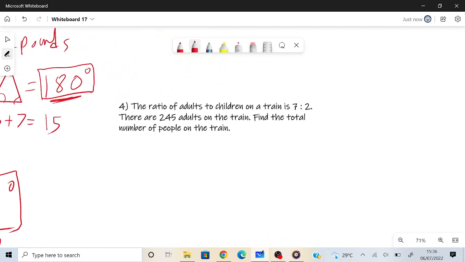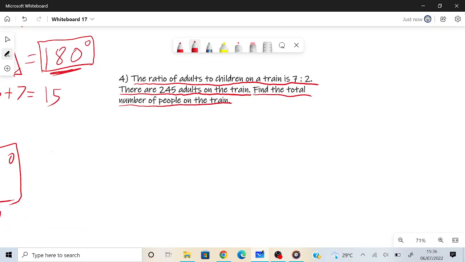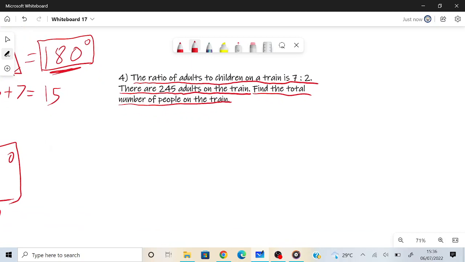Right, this one says the ratio of adults to children on a train is 7 to 2. Okay, good to know. There are 245 adults on the train. Find the total number of people on the train. Now there are two ways to go about this. The first way, which is probably the easier way, is to see how exactly the ratio works.